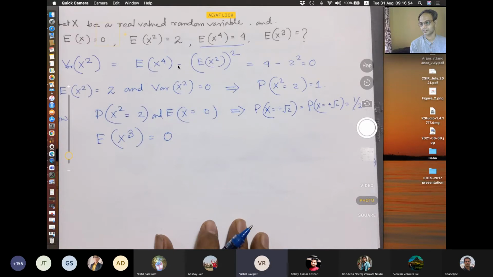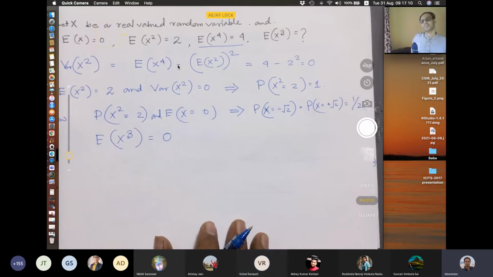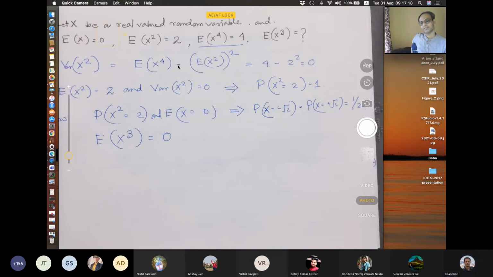So its expectation of X cube will also be an odd function, so it will be 0. X itself is an odd function. If you say f of x equals g of x equals x from minus infinity to plus infinity, it is an odd function. So X cube also has to be an odd function. Then only it will be 0. Yes.